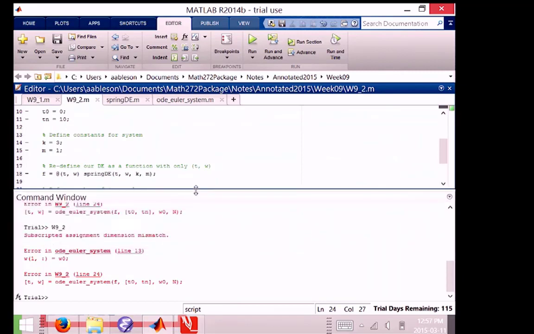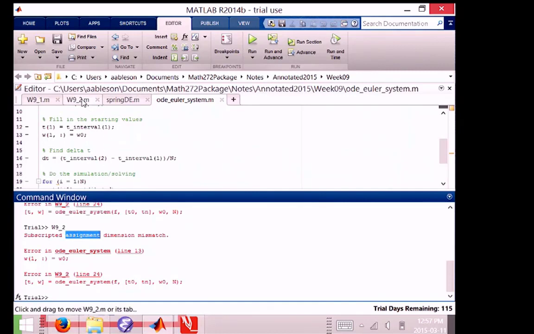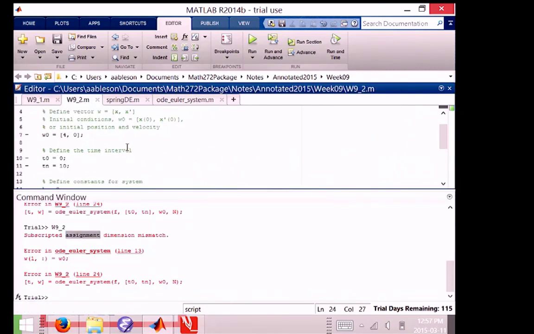OK, it's still unhappy with that line. Dimensions don't match. That's interesting. Why do you think it's complaining about that? What else could be going wrong besides it not being a scalar now?